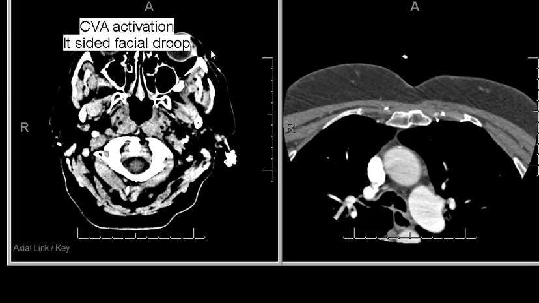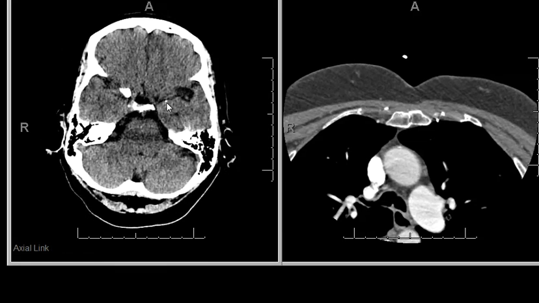Immediately, actually the next day, after knowing the hemorrhagic transformation of the previous patient, this patient showed up. CV activation, left side facial droop, from a local hospital maybe 20 minutes away from our main hospital.